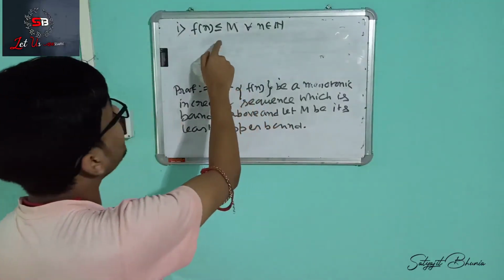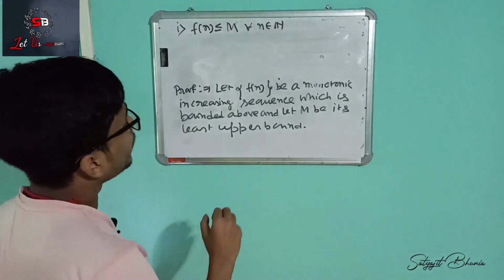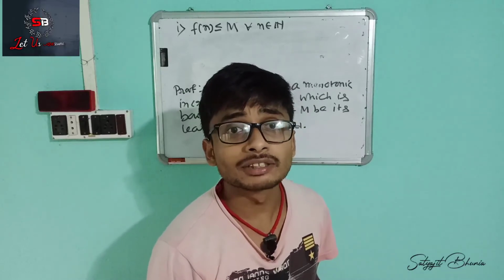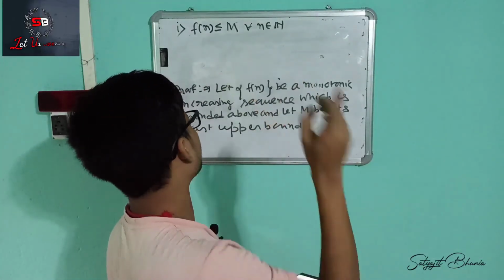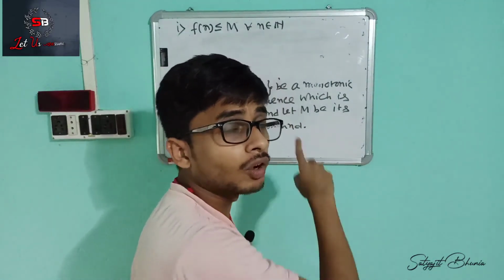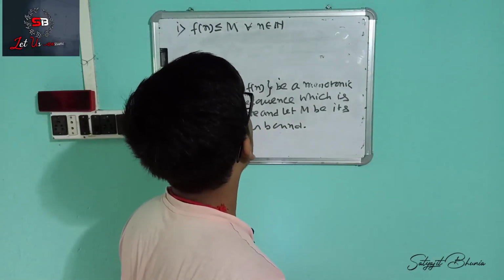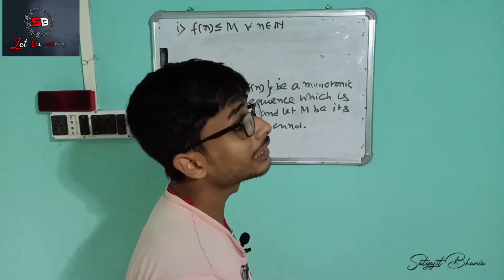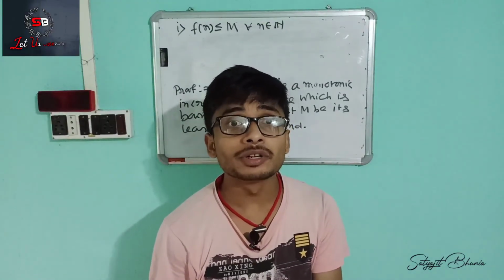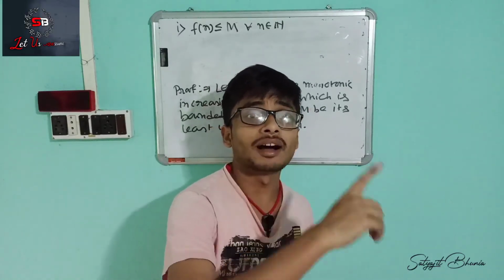So this is the definition of an upper bound: a number is said to be an upper bound of a sequence fn if the number satisfies this condition, that is fn is lesser or equal to M for all n belongs to capital N, that is, all the members of the sequence will be less than or equal to the number.